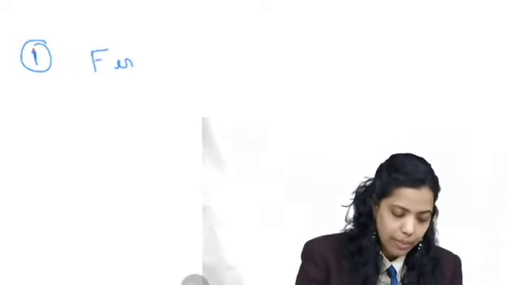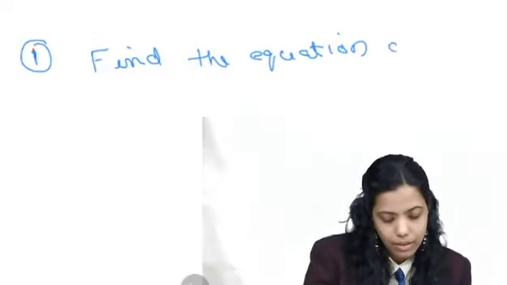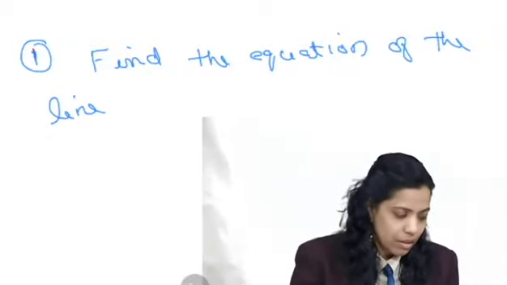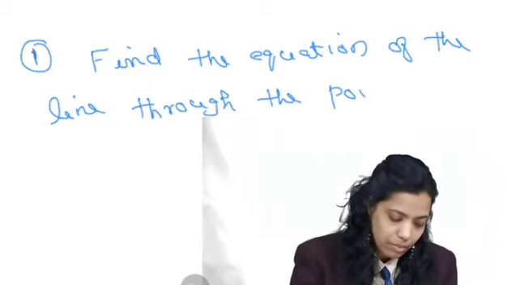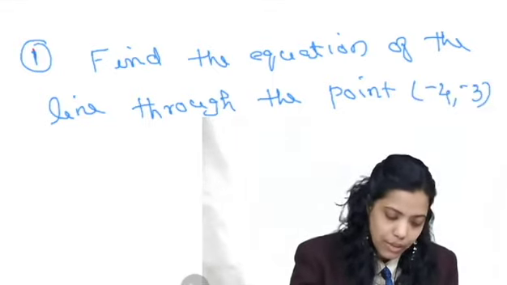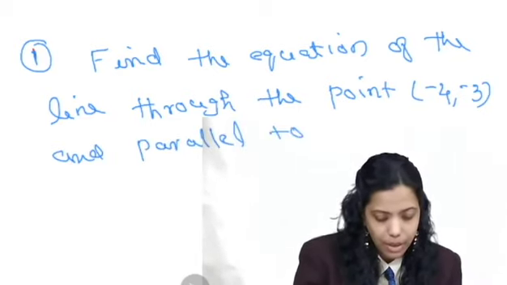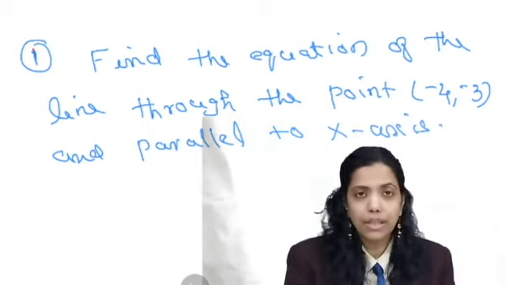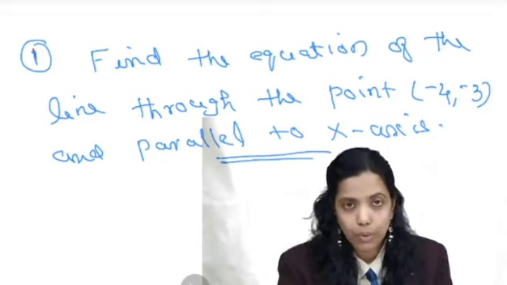Find the equation of the line which passes through the point minus 4, minus 3 and is parallel to the x-axis. So here the coordinates of one of the points on the line are given, and a hint is given for the slope of the line.